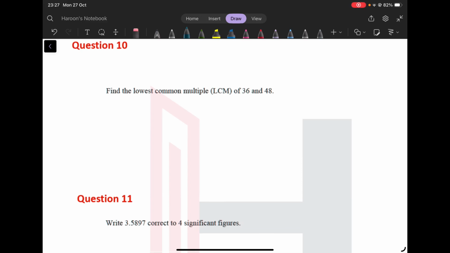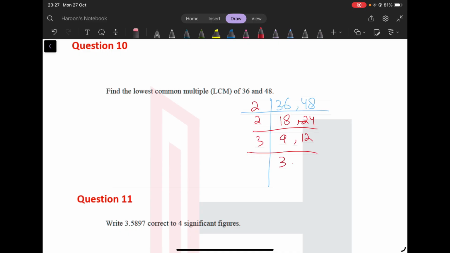Okay, find the LCM of 36 and 48. So I'll just find it over here. 36, 48. So we'll start off with the lowest number, 2. This would be 18, and this is 24. Now we can take 2 again, even numbers. This would become 9, and this would become 12. Now I can take 3. This would become 3. This would become 4.